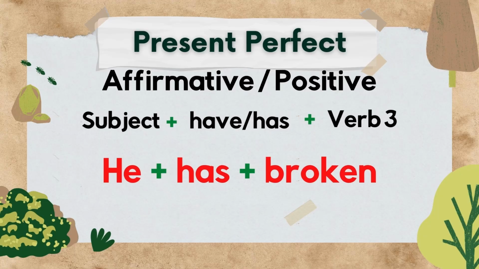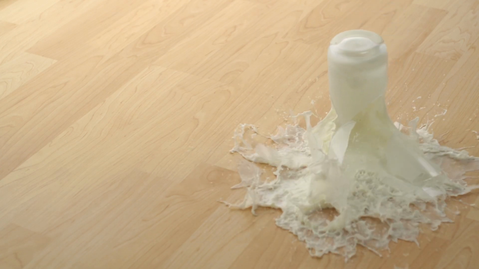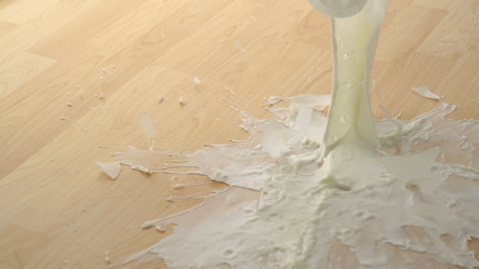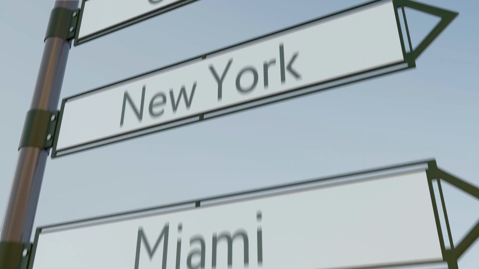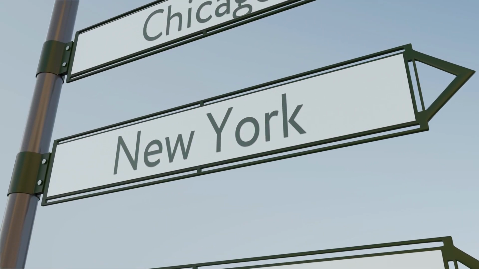Or, he has broken a glass many times. In the negative, we need to add not, and many times we can use never. Like, I haven't been to New York before. Or, I've never been to New York before.